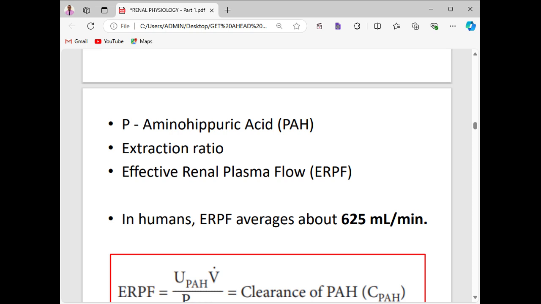you need to understand that I have put these important concepts here deliberately, very important, but I'll try to explain them. So we have para-aminohippuric acid, PAH. So what is this PAH?